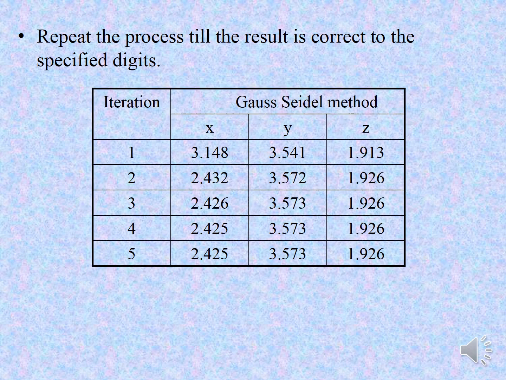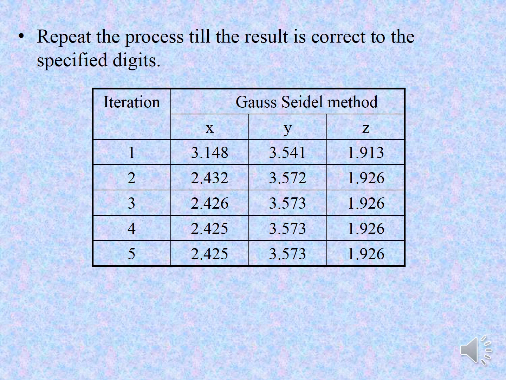Now we repeat the process till the result is correct to 3 decimal places, which is the specified accuracy given in the question, and we arrange the values in tabular form. We see x values, y values, z values, and iteration numbers 1, 2, 3, 4, 5. If we see the last two, the fourth and fifth iterations, the values of x, y and z are the same in both iterations, equal to 3 decimal places.